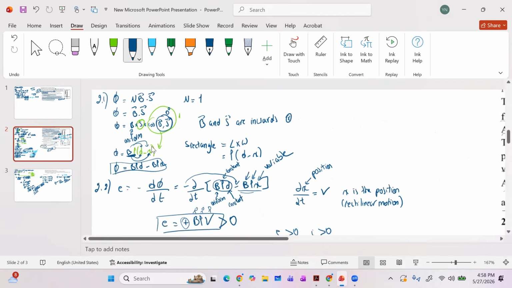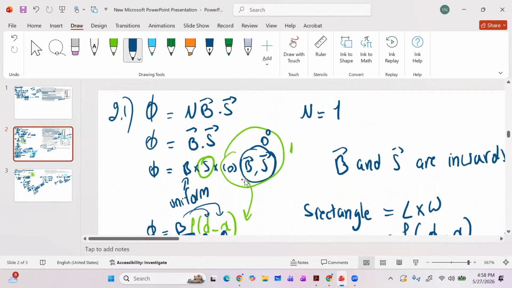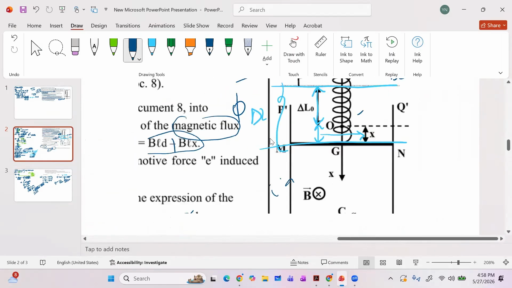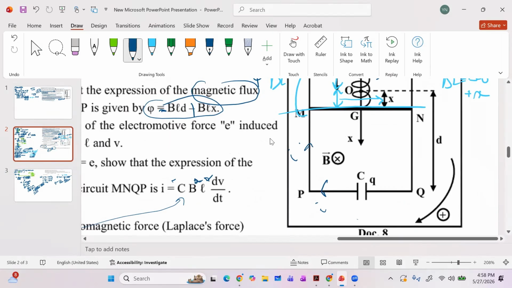Here, when we were solving the flux, we had cosine 0. We knew it's 0 because on the figure, they gave us the positive direction going from Q to P to M to N, and using our four fingers, we knew that N is going inwards. I was just making sure, okay?